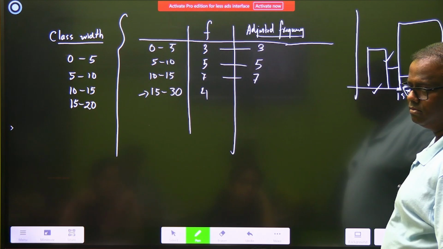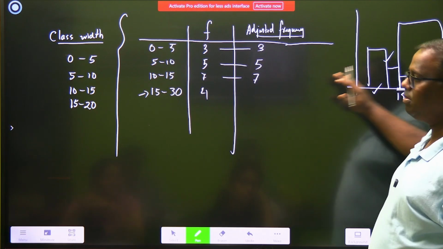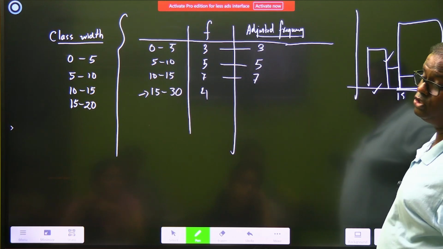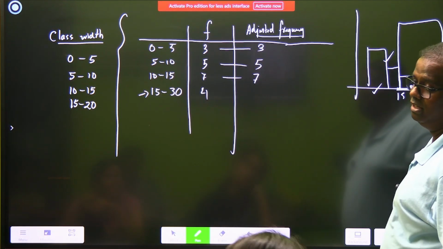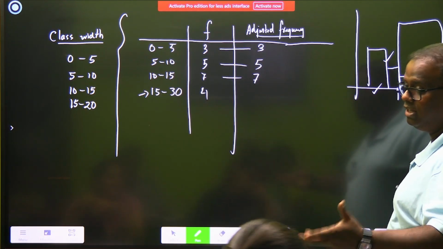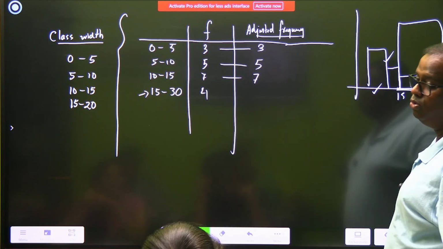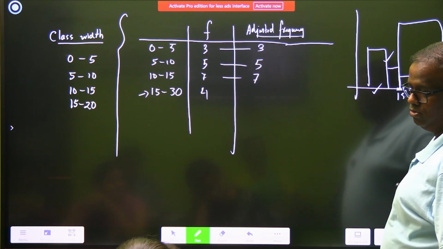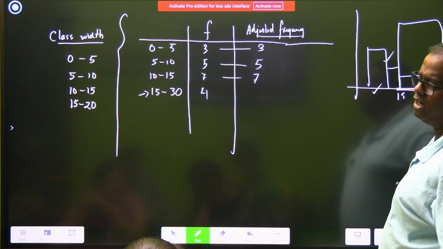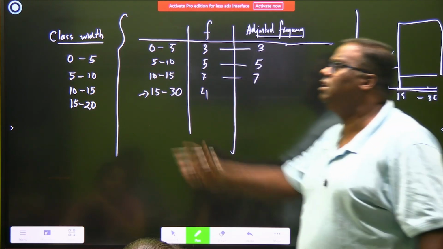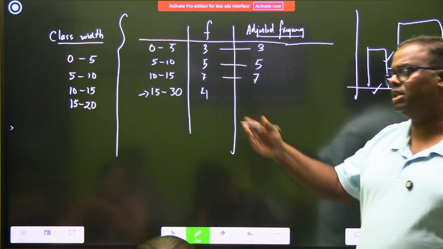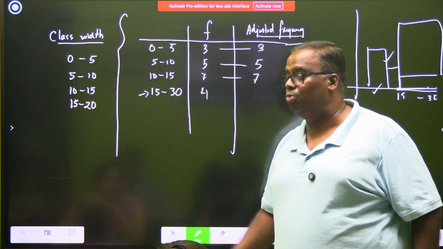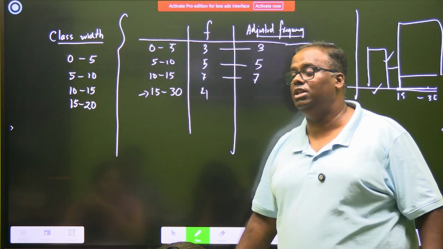But how will we read it? Will we read it in real life? This is it. Real life histogram is not for any data interpretation. Histogram will help you to find out median. In this class, you are only learning how to plot a histogram. You don't know any reading data. Reading data you will get from bar graphs. The question that you are asking, that bar graph will tell you in which month was the sale maximum, in which month the sale was minimum, how much more was the sale in the month of January than October.